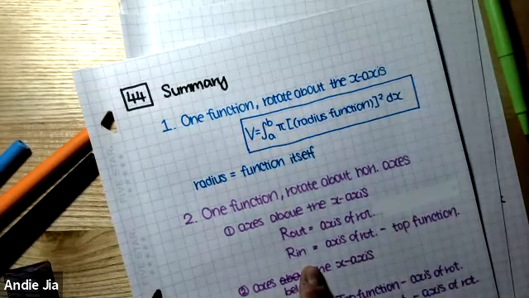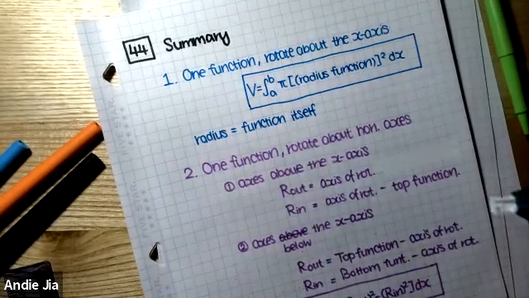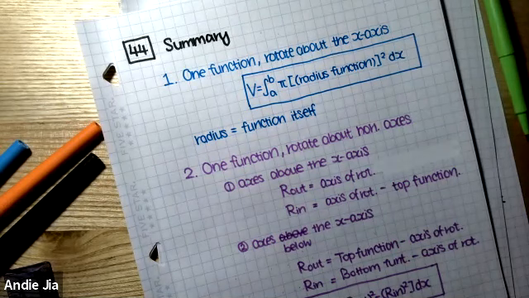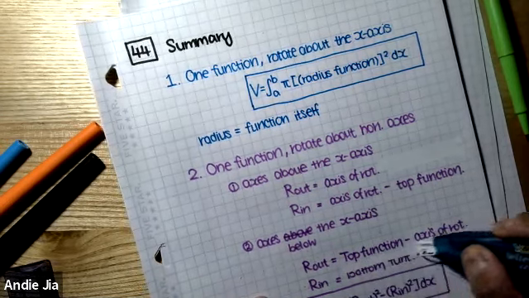The inner radius is the axis of rotation minus the top function. If the axis of rotation is below, then the inner radius should be the axis of rotation.